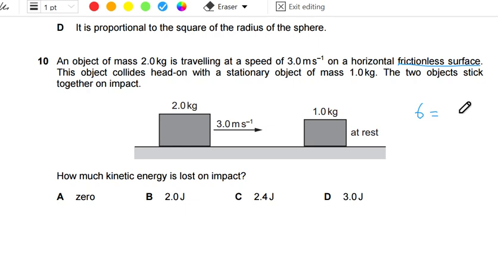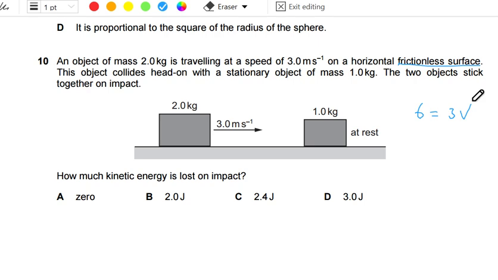And after, we have 3, which is mass of 2 plus mass of 1 times the velocity v that both of them are moving with.